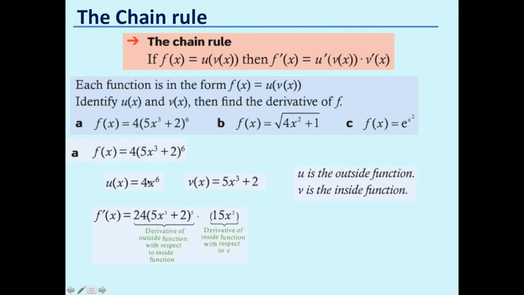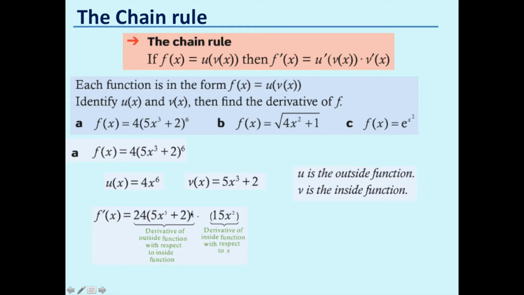If we differentiate this, this is going to be 6 times 4, which is 24x to the power 5. However, we actually know what x is, don't we? X here is actually 5x cubed plus 2. So we're going to say that the derivative of the function on the outside is 24 times 5x cubed plus 2 to the power 5.